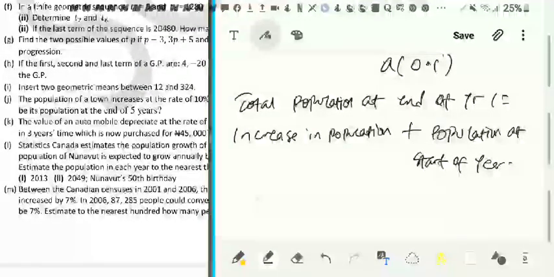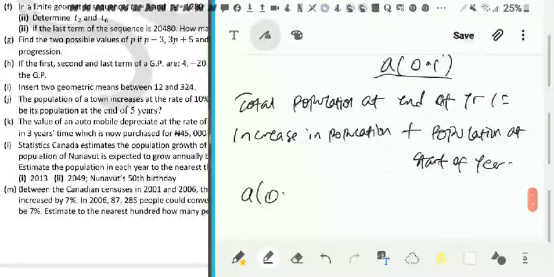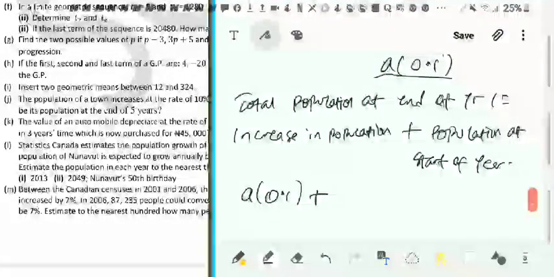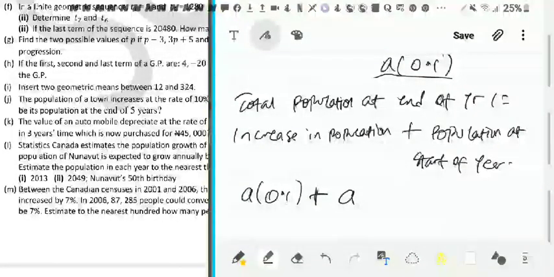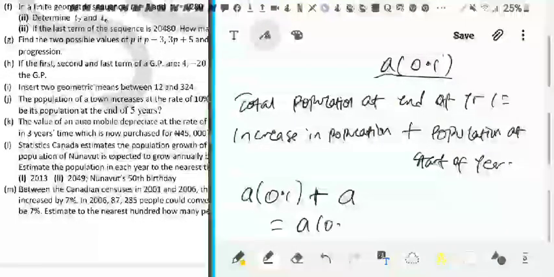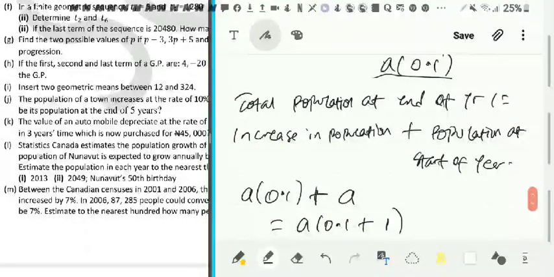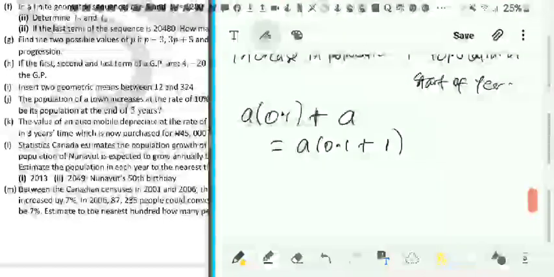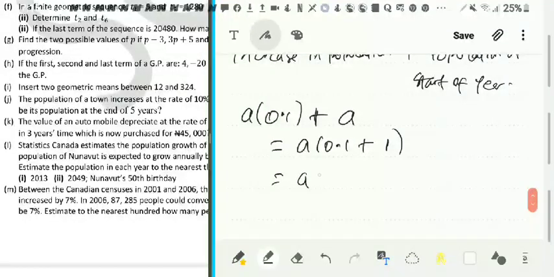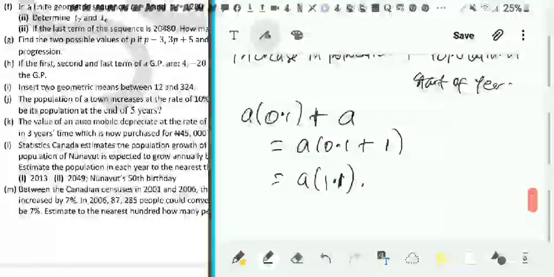The increase is A open bracket 0.1, plus what's the population at the start of the year? That's 200,000, which we represented as A. I can factorize here. A is common to both, so I have A open bracket 0.1 plus 1, which is A open bracket 1.1. This is the total population at the end of the first year.